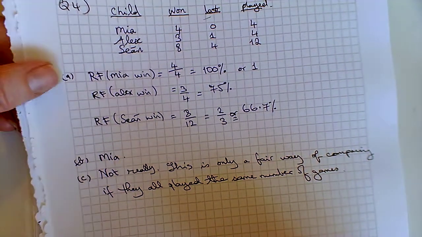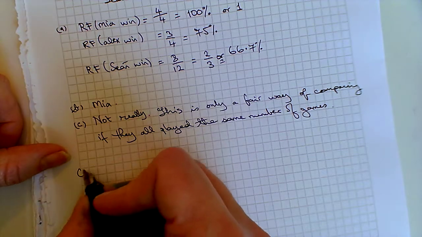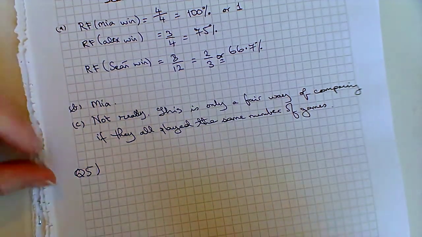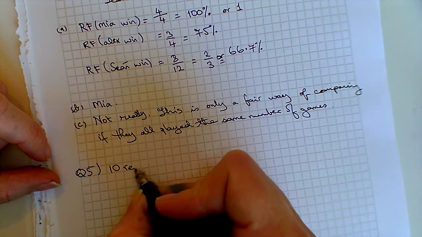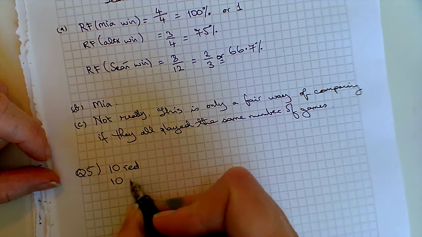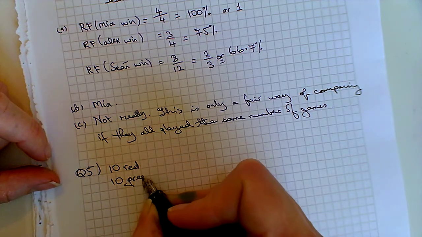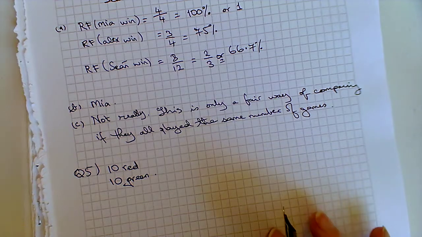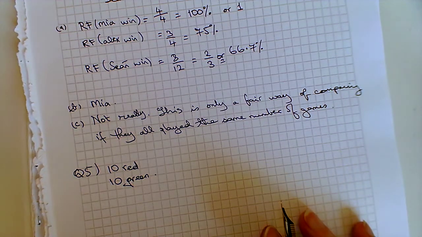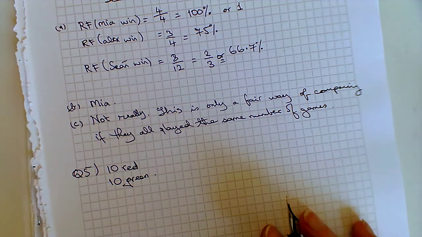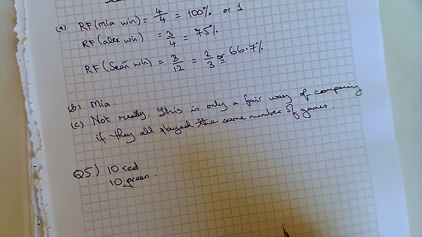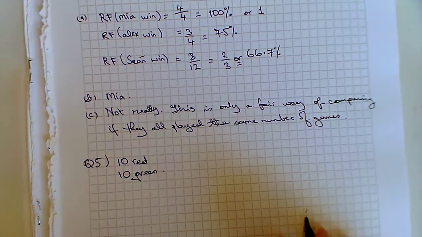Okay? Now, let's move on to question 5. Saoirse puts 10 red sweets, 10 green sweets in a bag. And without looking, she picks a sweet from a bag, notes its colour, and puts it back 20 times. And you can see the results in your book.